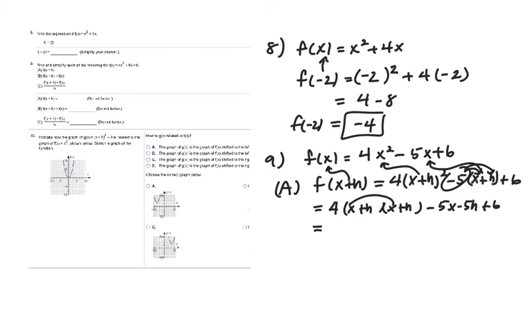So x times x will be x squared, plus x times h, hx, plus h times x, hx, plus h times h, h squared. We'll bring down our 4, and then minus 5x minus 5h plus 6. Now I want to combine the like terms. xh plus xh will be 2xh.